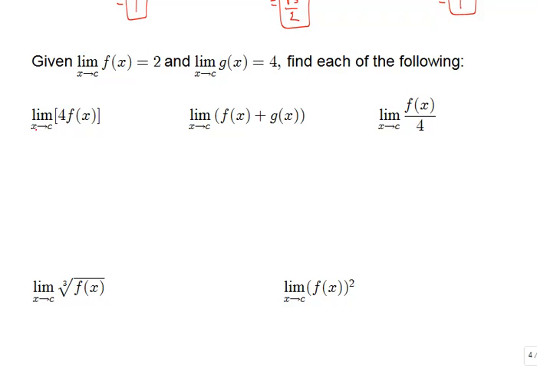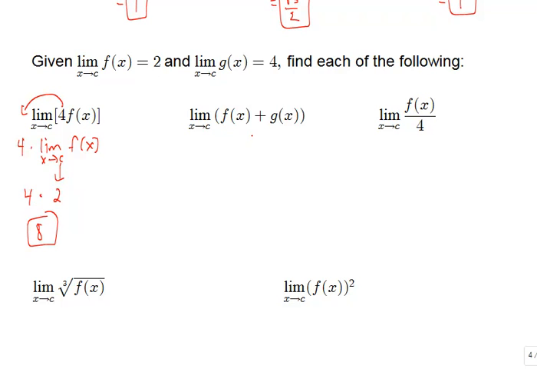So the limit as x approaches c of 4 times f of x, that's that scalar multiple rule. We're allowed to pull this 4 out and multiply the limit of just the f by 4. And the limit of f, according to what we were given, is 2. So 2 times that 4 makes this whole thing 8. Okay, so that's that scalar multiple law.